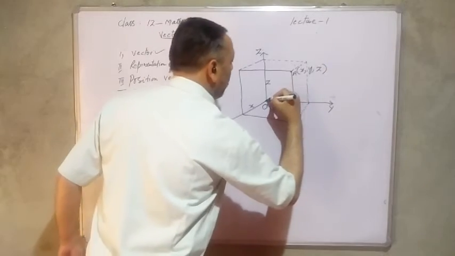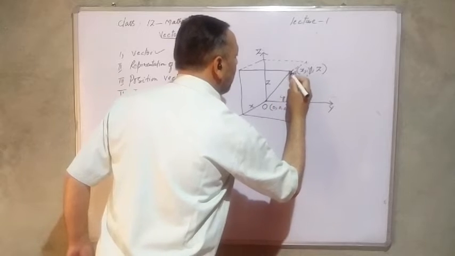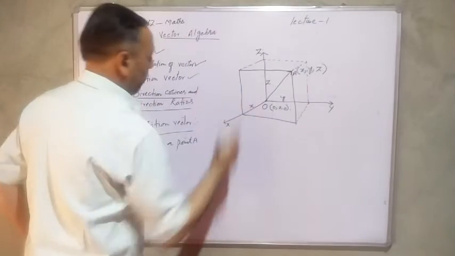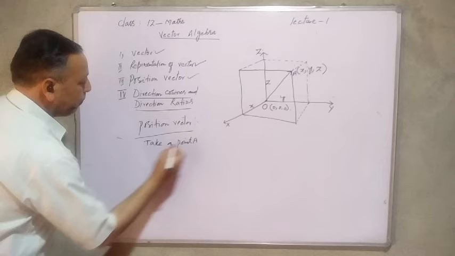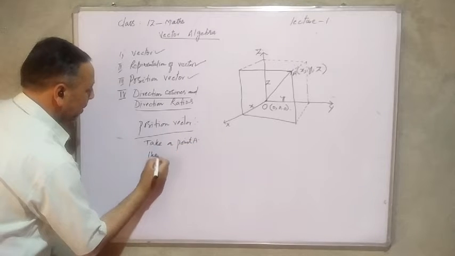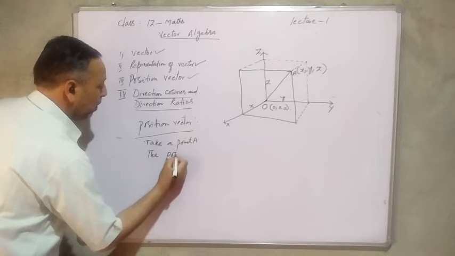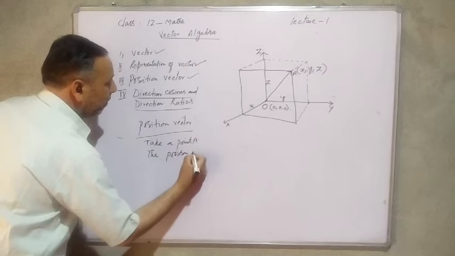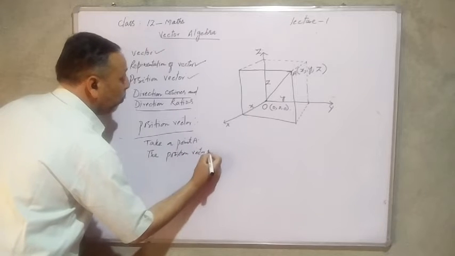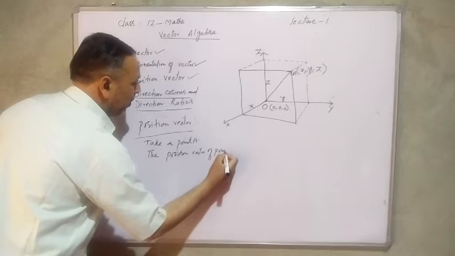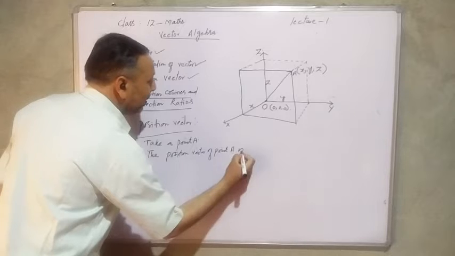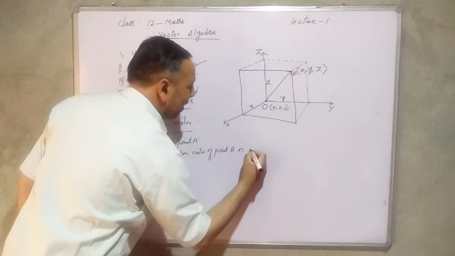And if we join OA, then the position vector of point A is vector OA.